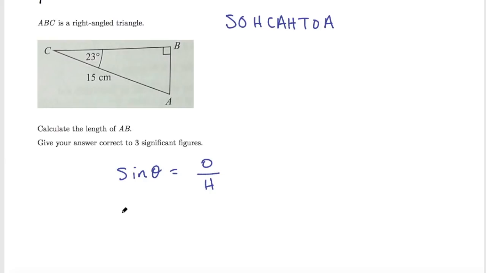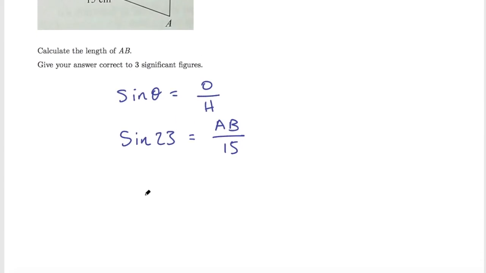And here theta is 23, so sine of 23 equals, now we don't know AB, so we need to put that in as a variable, and we know that the hypotenuse is 15. If we rearrange this, we get AB equals, take that over to the other side, so we need to multiply sine 23 by 15.